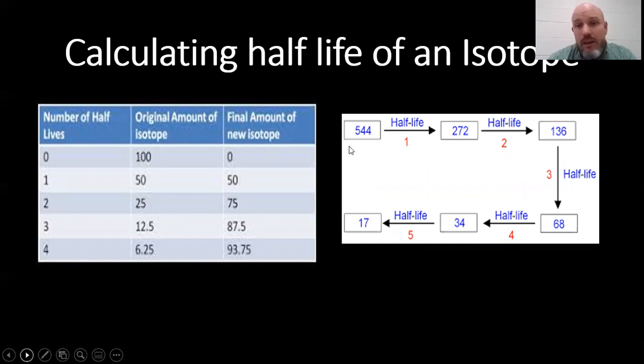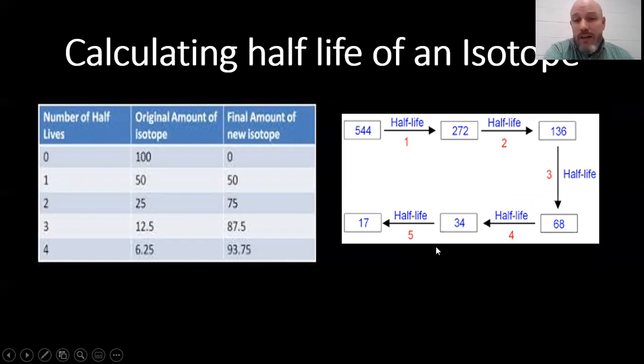So let's go ahead and look at these diagrams real quick, and then we're going to do a couple example problems. So let's say you start with 544 grams of your radioactive isotope. After one half-life, you have 272. Second half-life is half of 272, so you'd have 136. And it keeps splitting in half until you get to how many half-lives you are trying to measure.